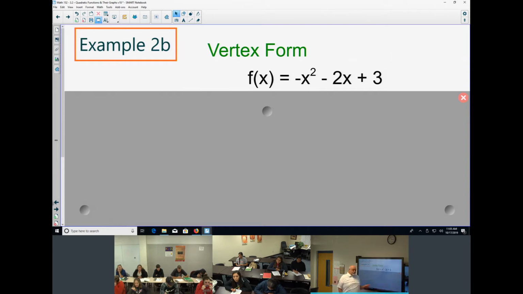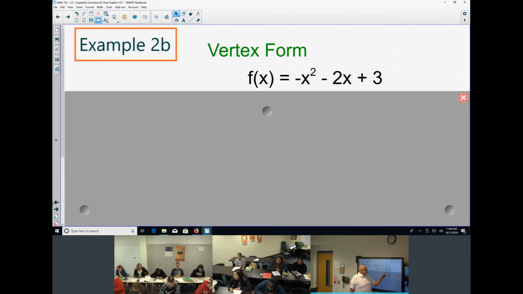I said yesterday that there are 3 ways we're going to learn to find the vertex. The first way actually helps with graphing as well, and that's called the vertex form. To do the vertex form, you're going to complete the square.